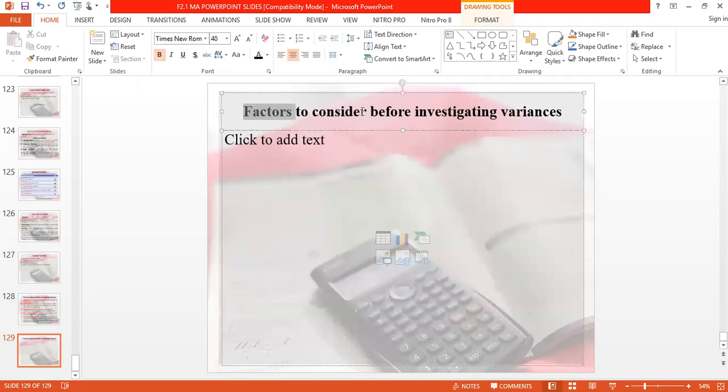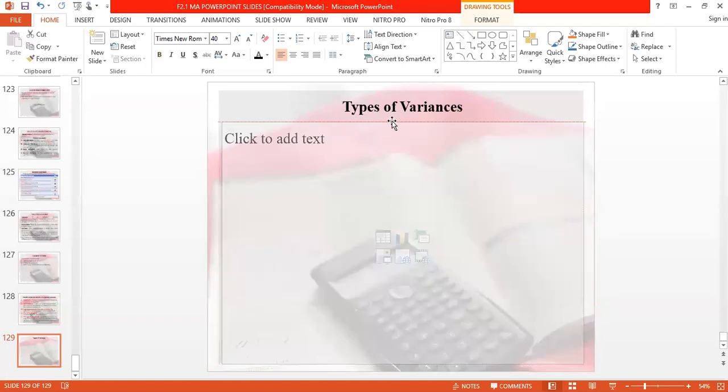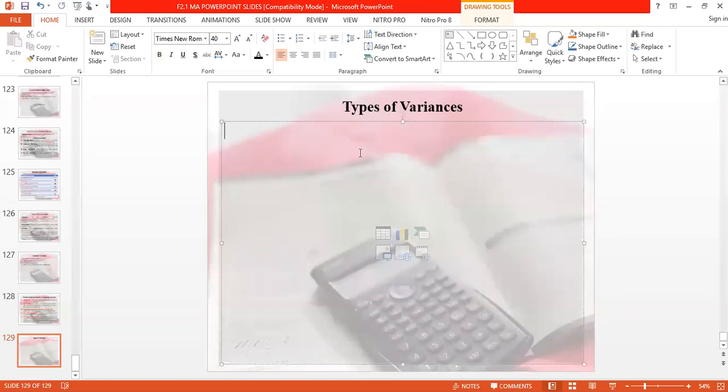Okay. Now, types of variances. I want us to follow these very keenly. We have the following types of variances. Number one, there is what we call sales variance, or let me call it sales price variance.